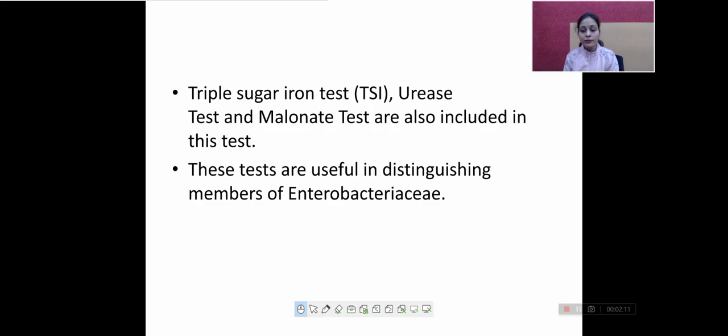These tests are useful in distinguishing members of Enterobacteriaceae. Mainly these tests are used for the Enterobacteriaceae group of bacteria that confirm the gram-negative bacteria, right? That gram-negative bacteria like E. coli, or they confirm the fecal contamination.